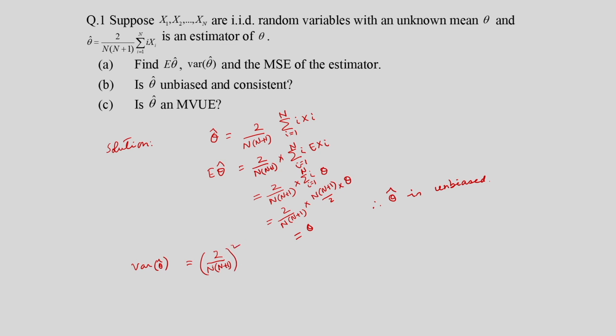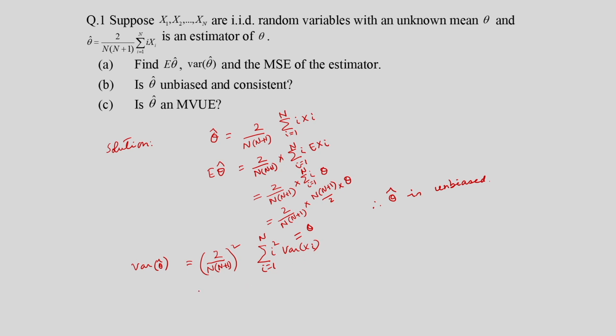If we take the variance, this constant will be squared, into the summation of i, again a constant, so it will be i square into variance of Xi, i going from 1 to n, and all the cross terms will become 0 because the Xi's are independent.